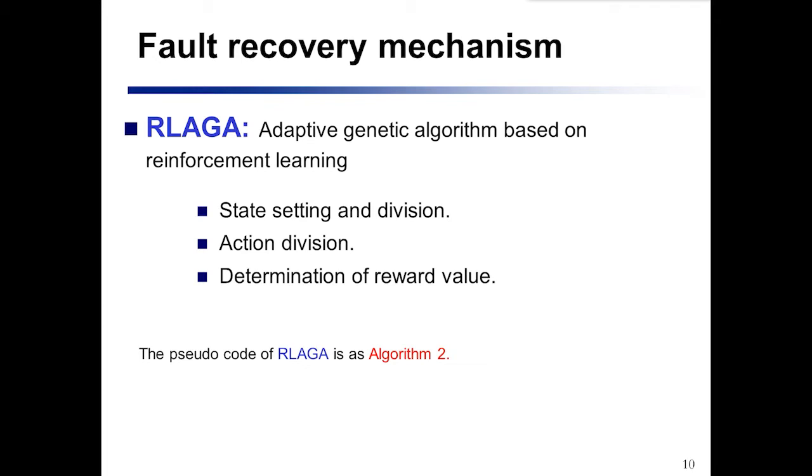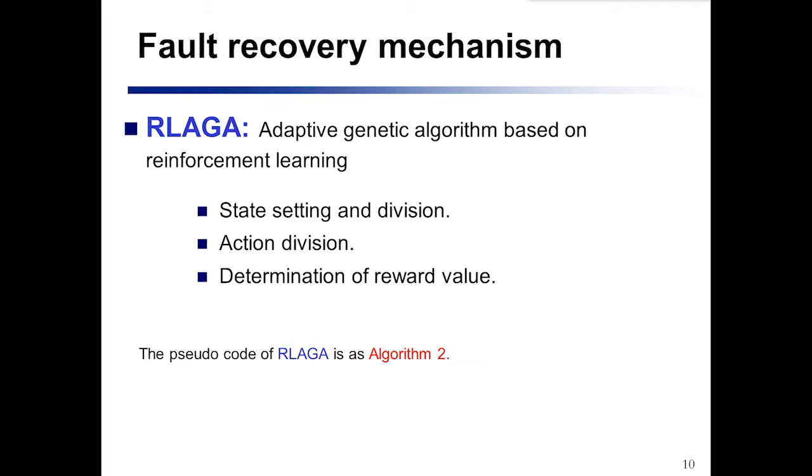In this algorithm, the crossover operator and the mutation operator of genetic algorithm are dynamically and adaptively adjusted by the reward feedback mechanism of reinforcement learning.